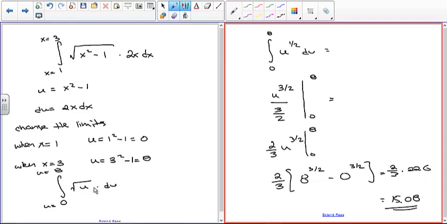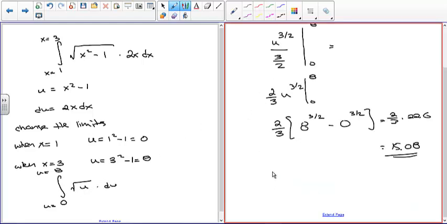Now I could have gone ahead and substituted back in, and so the other option, this is plan B, what I could do is take my equation here and plug back in this expression for u. So that would be x squared minus 1 to the 3/2 power times 2/3 evaluated between 1 and 3.